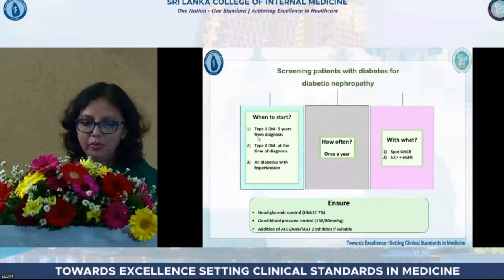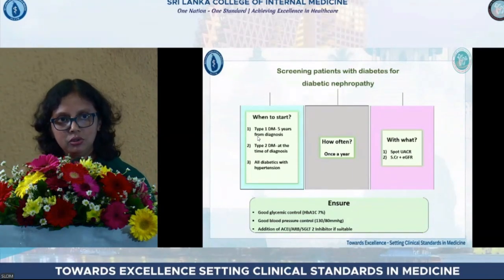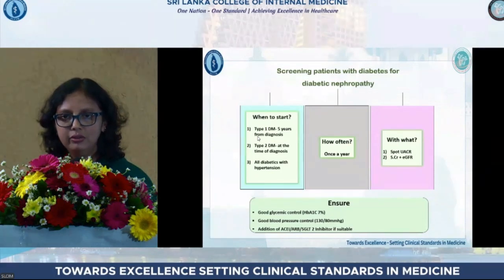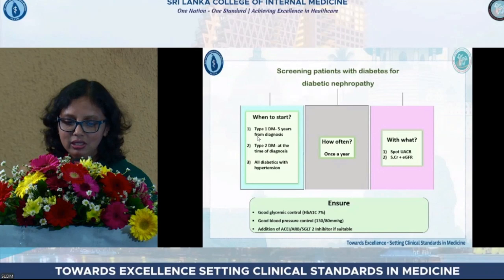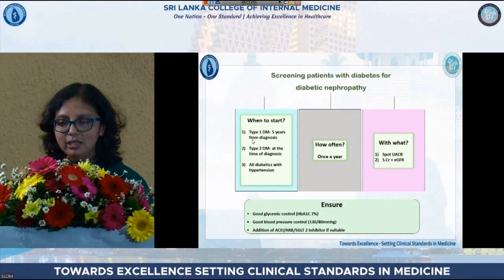So the first step obviously is having good glycemic control. All the microvascular complications of diabetes are very closely linked to your blood sugar level and your blood sugar control. Though these targets are really patient specific, generally we say that an HbA1c of 7 or less should be our target to prevent microvascular complications.